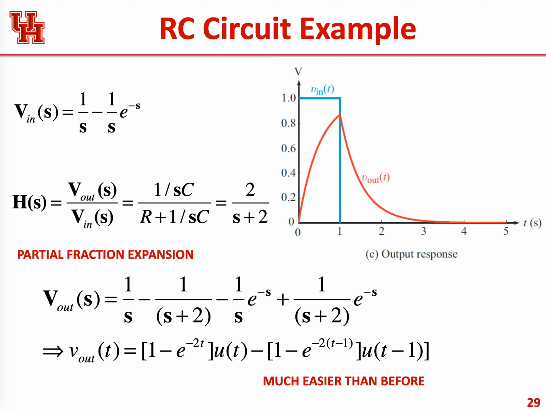So this is my final answer, and it is much easier than what we did before. This is (1 minus e to the minus 2t) u(t) minus (1 minus e to the minus 2(t minus 1)) u(t minus 1).